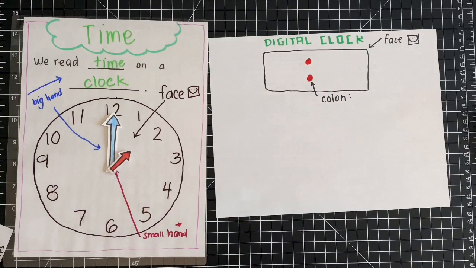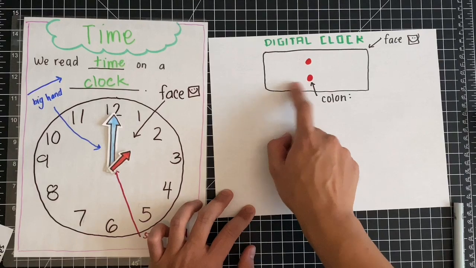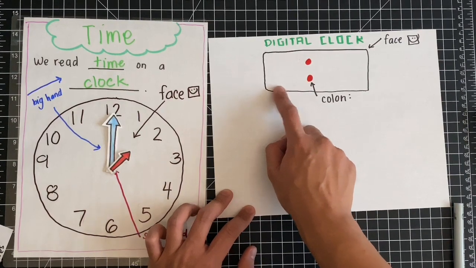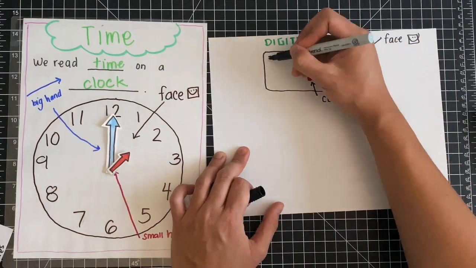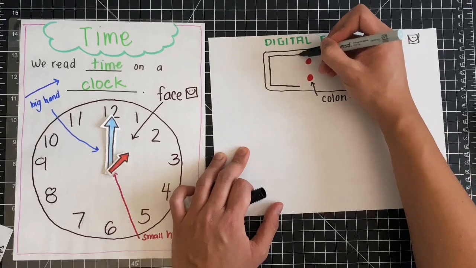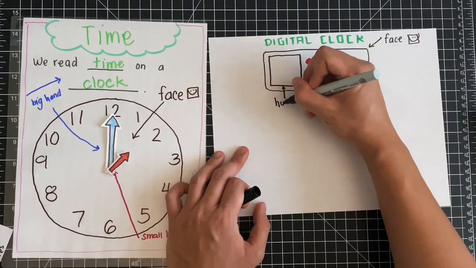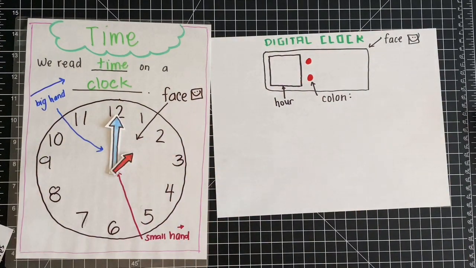And then, do you remember what I said, what goes on this side? Do the minutes go here? No, the hour. The hour goes here. So what I'm gonna do is just draw a box like this. And in the box, I'm gonna write down the hour. Okay, so maybe the hour is 12, maybe the hour is 2. We'll do some practice later on.